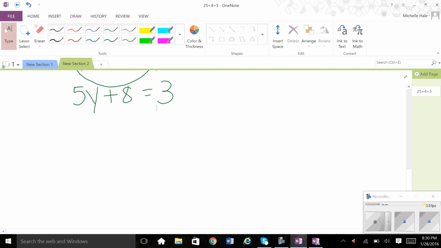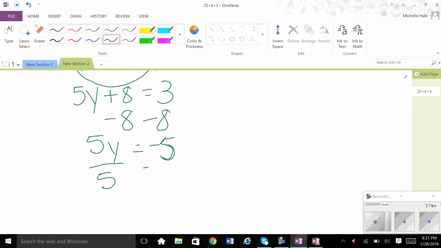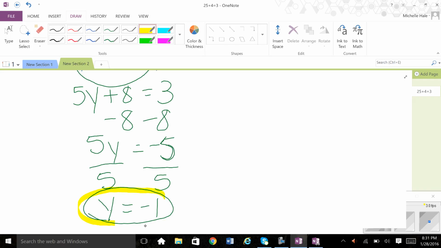Move that up. Subtract 8 from both sides, and you have 5y equals negative 5. Okay, divide by 5 on both sides, and you have y equals negative 1. Okay, so that's our answer as of right now for y.